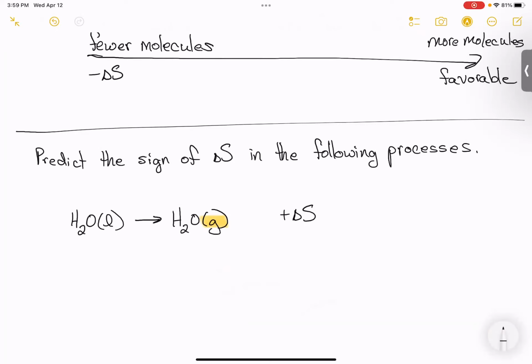While we're playing with water, let's play with water in another form. Let's take water at 25 degrees Celsius. Let's make it water at 75 degrees Celsius.